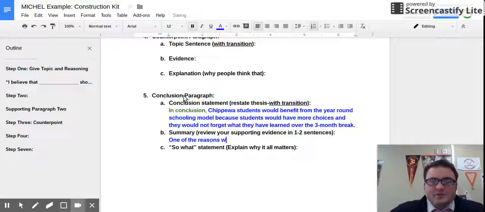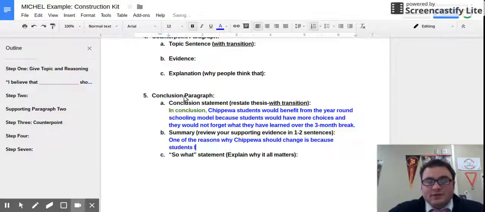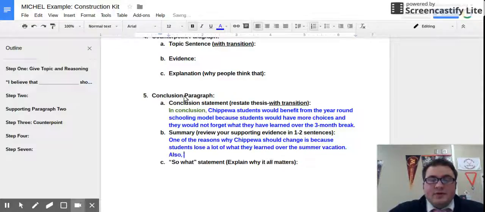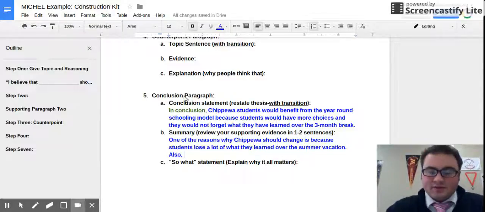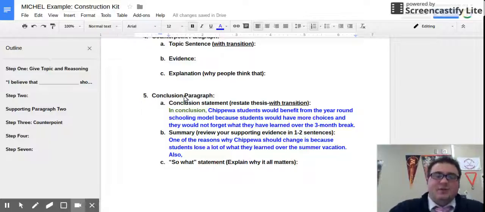One of the reasons why Chippewa should change is because students lose a lot of what they learned over the summer vacation. Okay. Then I'm going to go right into my second reason, which was students get more choice.